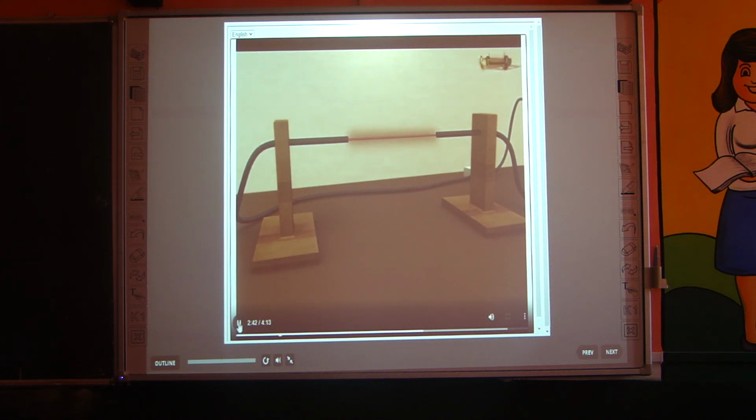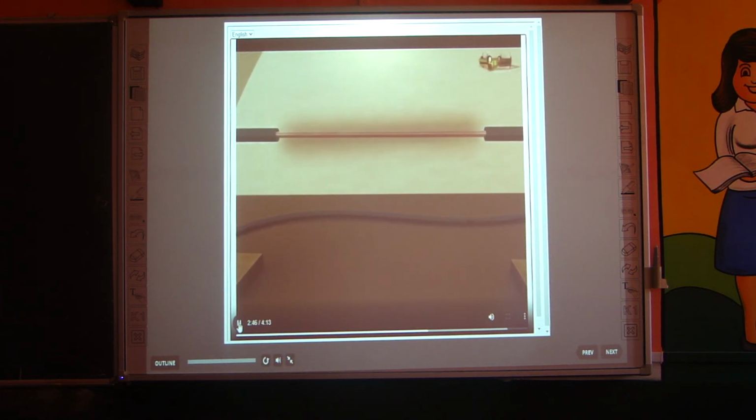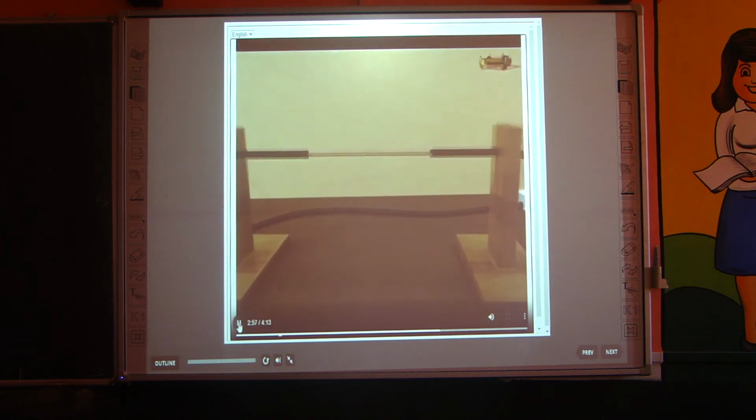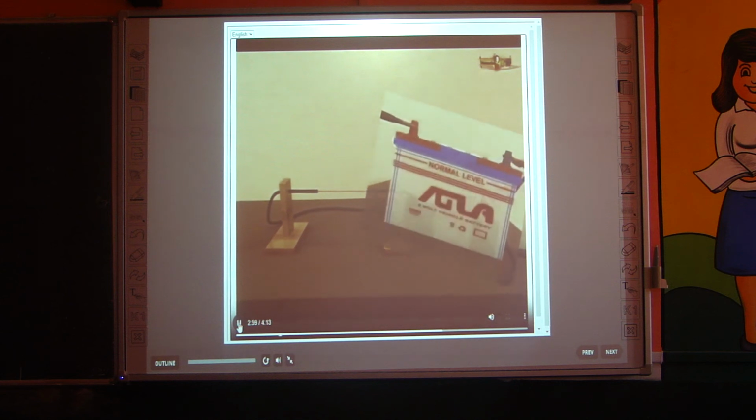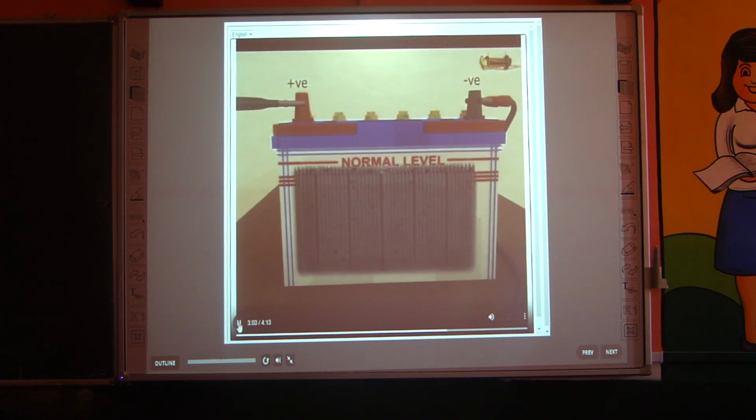This is known as the heating effect of electric current. The current through the resistor is actually the flow of negative charges, which are called electrons. Inside the battery, these electrons flow from the positive terminal to the negative terminal.